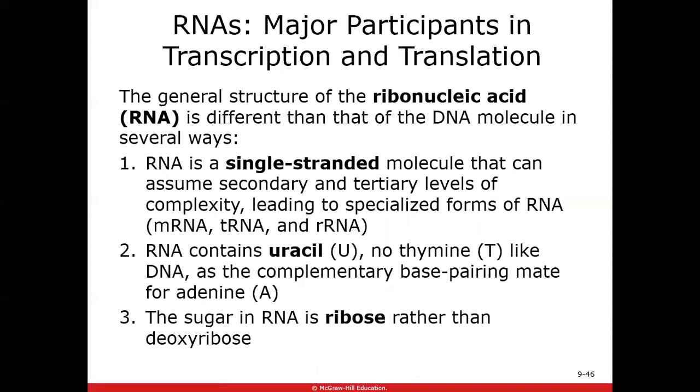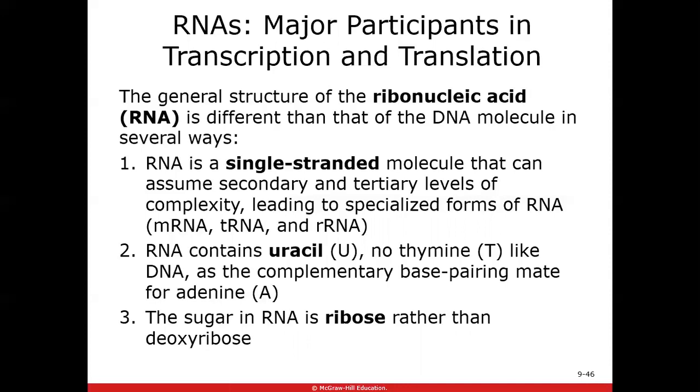So the general structure of the ribonucleic acid, or the RNA, is different than that of DNA in several ways. First off, the RNA is a single-stranded molecule that can assume secondary and tertiary levels of complexity, leading to specialized forms of RNA. So that's where we have the messenger RNA, transfer RNA, and the ribosomal RNA.